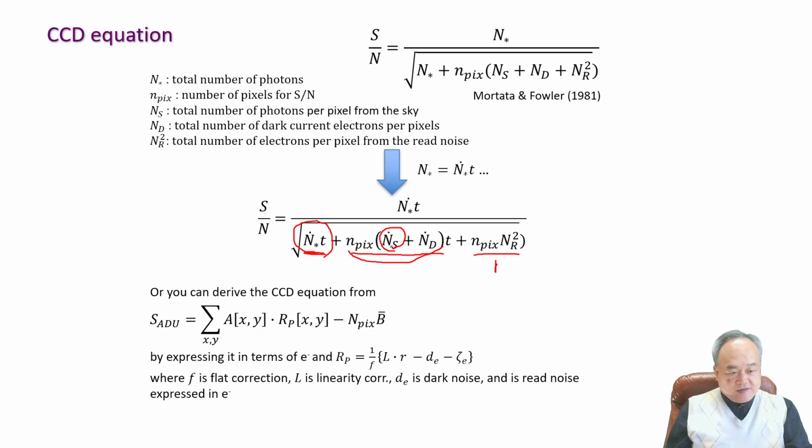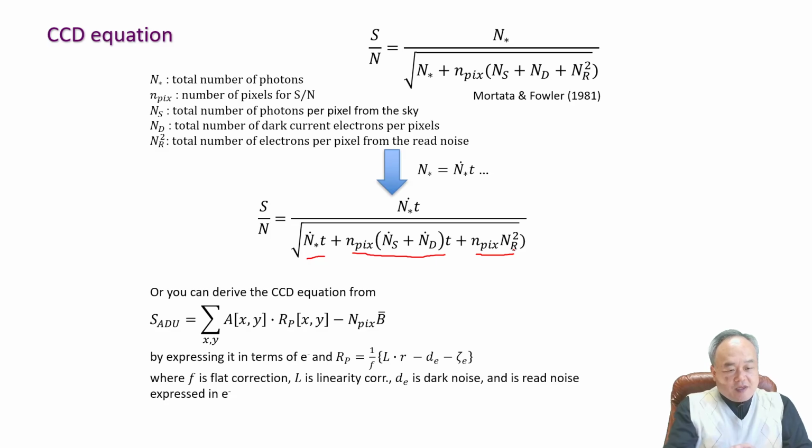The dark current can also be expressed in terms of a dark current rate. So this second term is the sky and dark current. Both of them are proportional to the exposure time. Overall, the first term is the Poissonian noise, the second term is the sky and the dark current, and the third term is the readout noise.